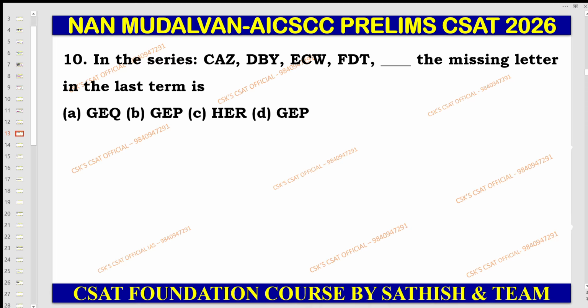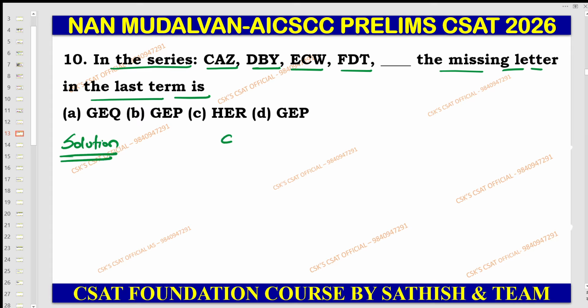This is a very simple question. In the series CAZ, DBY, ECW, FDT, what is the missing letter in the last term? You have to see CAZ, DBY, ECW, FDT.